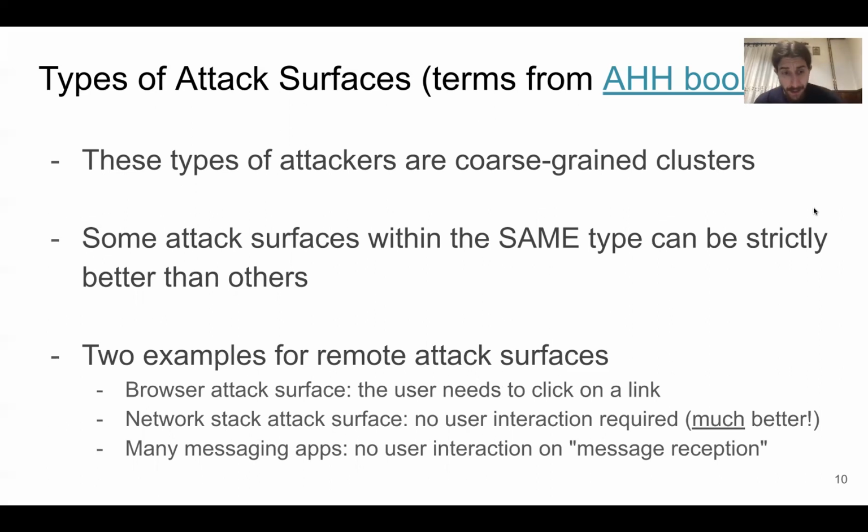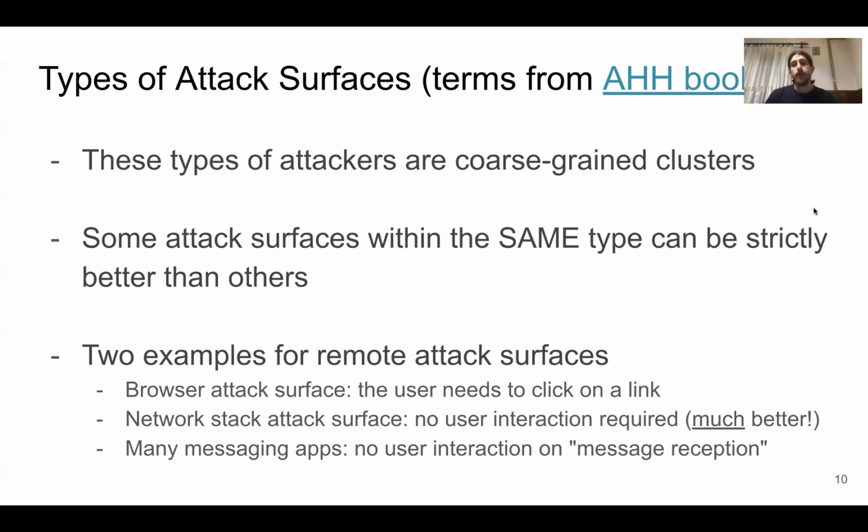Consider another scenario, a network stack attack surface where no user interaction is required. I just need to send you a message, and the piece of code that interprets the packet coming from the network is able to trigger the bug. Then of course this bug is much better than the one where the user needs to click on something. So these are two examples in the remote attack surface, but one is better than the other.